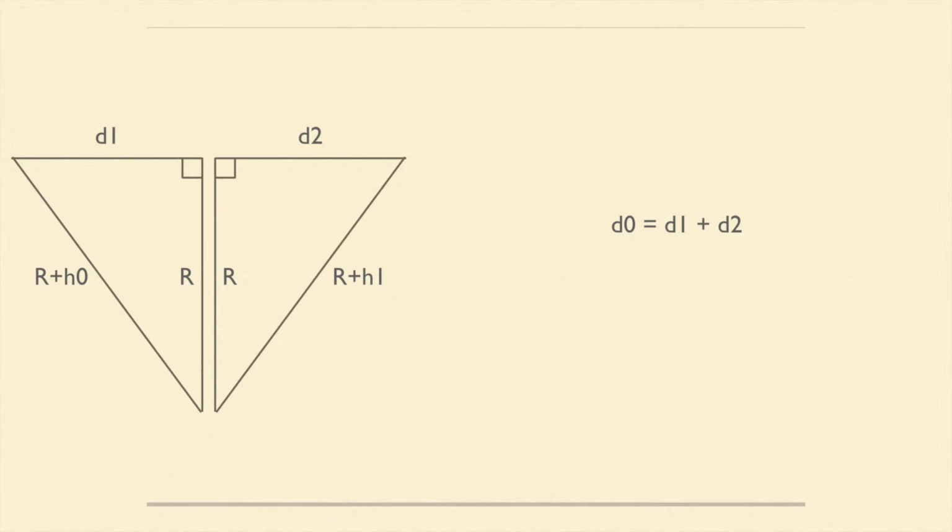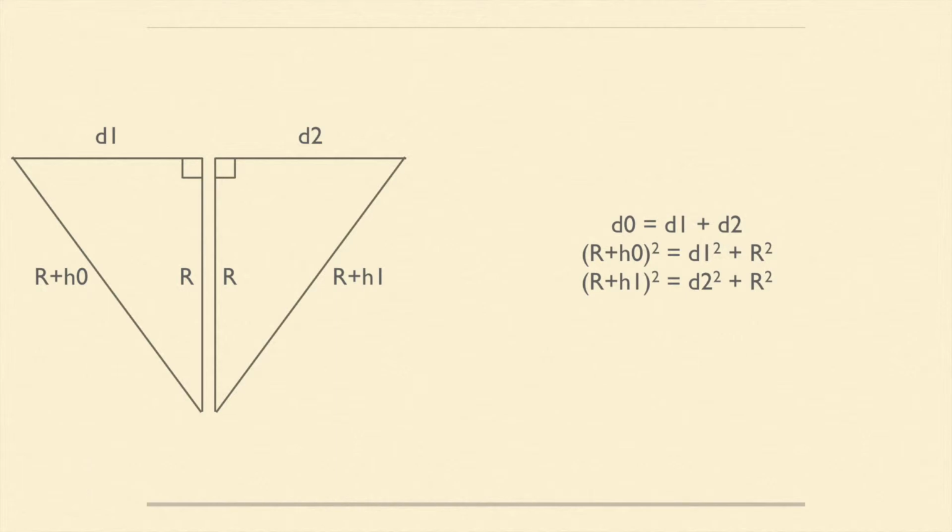So as we said, the total distance to the target, d0, is d1 plus d2 together. We don't know how large these ones are, we just know that d1 plus d2 equals the total distance to our target. And we can use Pythagoras on the first triangle. So the hypotenuse squared equals one side squared plus the other side squared.